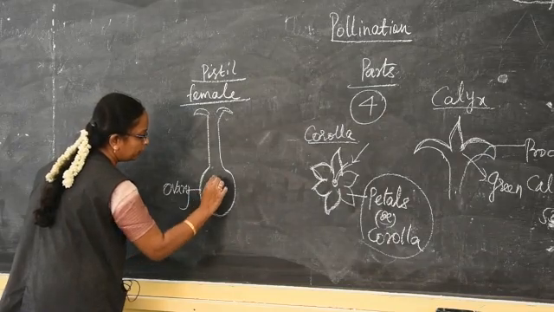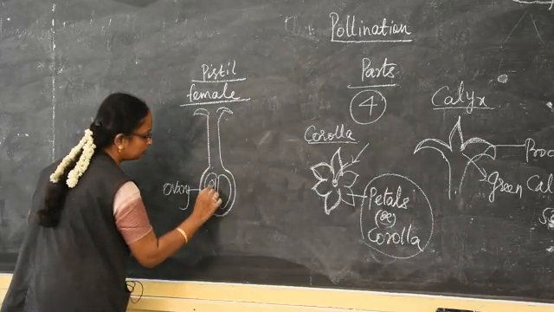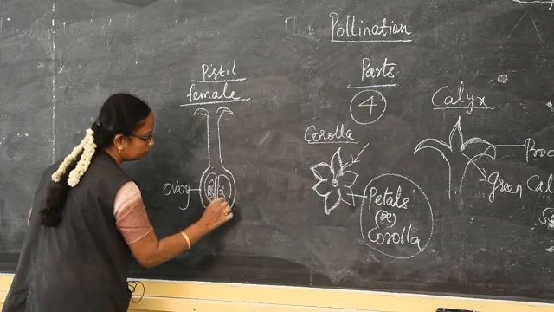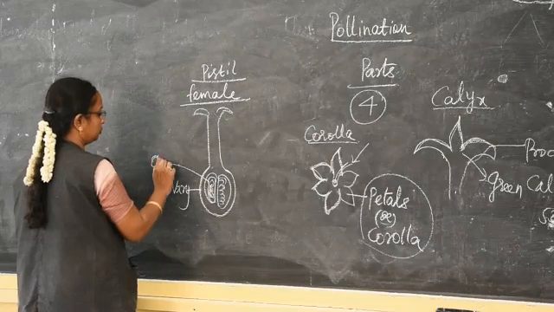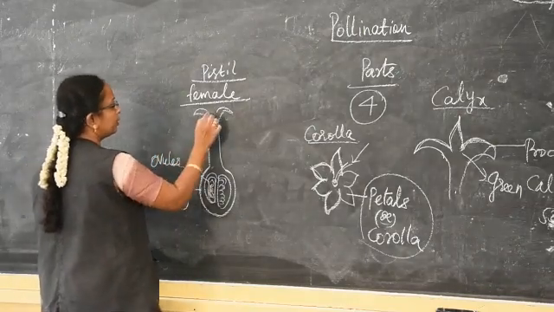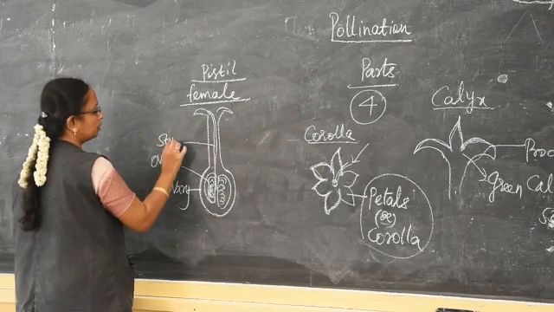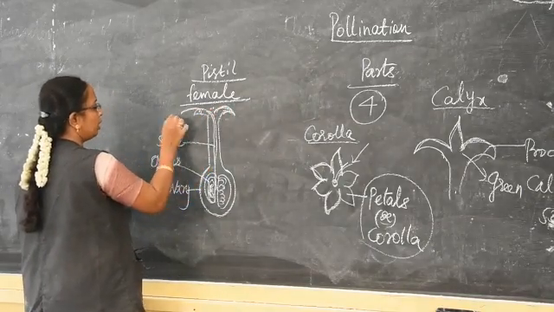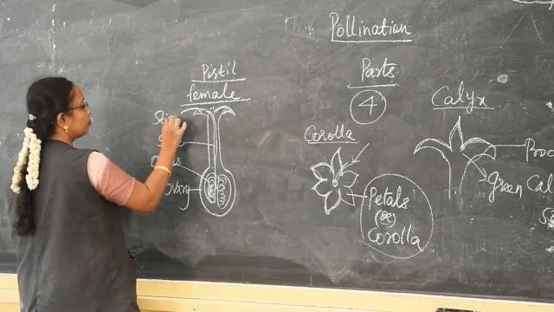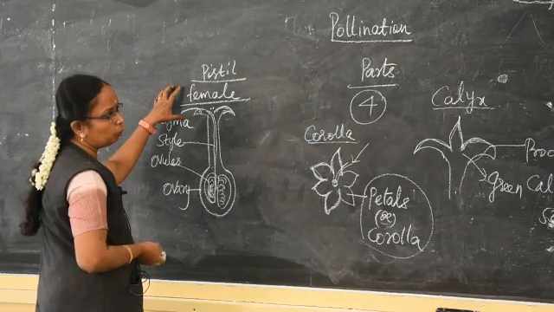Inside the ovary, the ovules are present. And then it consists of the style and the sticky region known as stigma is also present. So, this is the structure of the female reproductive organ.